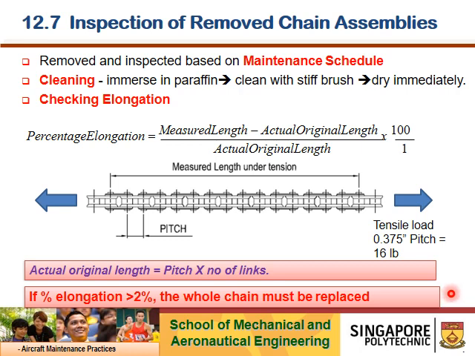Like I said, you can raise an engineering assistance request note. You can do that, but it will take time and is not worth it. The actual original length you can get by counting the number of pitches multiplied by the number of links, if you need to do that.